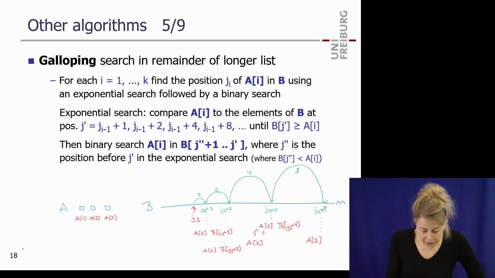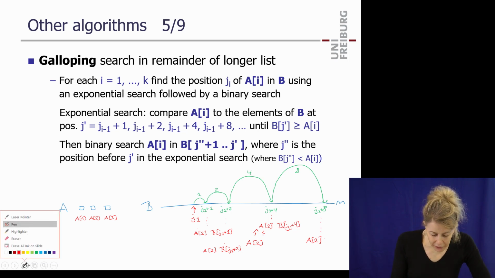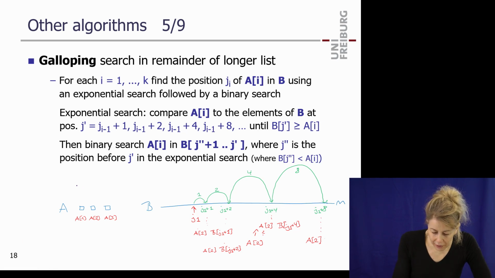So for the sake of example, it's always good to have a little example. Let's just assume we have 70 here, we have 82 here, and 183 here, right? And now we are searching 82.